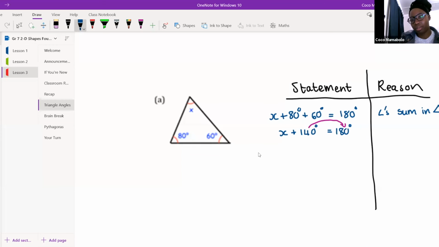So my next step is going to look like x is equal to 180, and what are we minusing from 180? 140 degrees. Good. And then my magic word. Therefore, x is equal to 40 degrees. Excellent, 40 degrees.